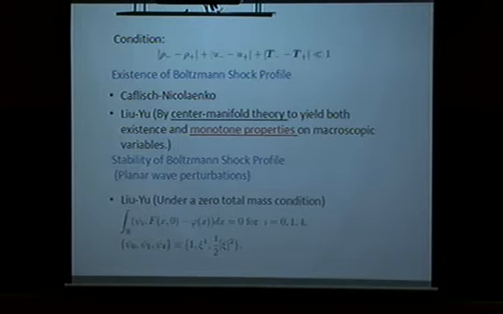But now when we come to the interaction of the shock and other patterns, we need to look at something else, which is also stability, but we need to remove such a condition. This is too strong. If you consider it in terms of the Riemann problem, then the difference of the total mass and the Boltzmann shock profile, the macroscopic component, this condition may not hold.